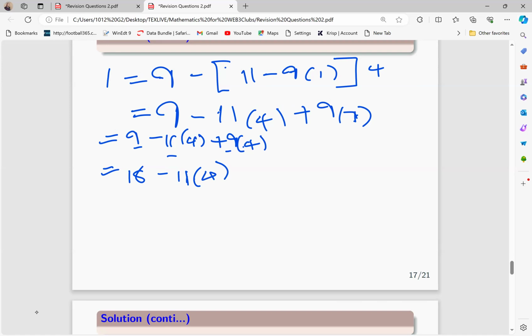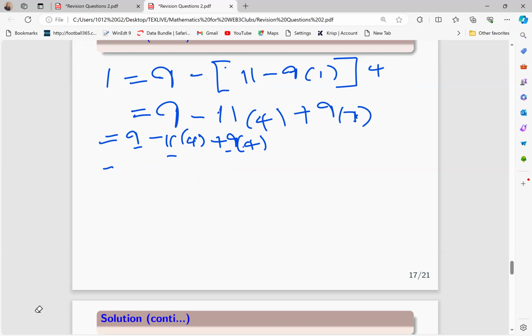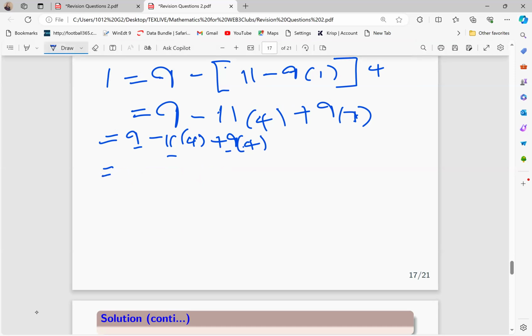So just factorize 9. Yes, that's right. First, and then we see. Just erase that. It is 9 times 1 plus 9 times 4 minus 11 times 4.